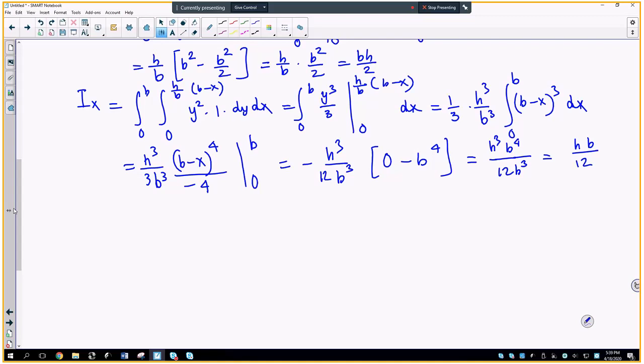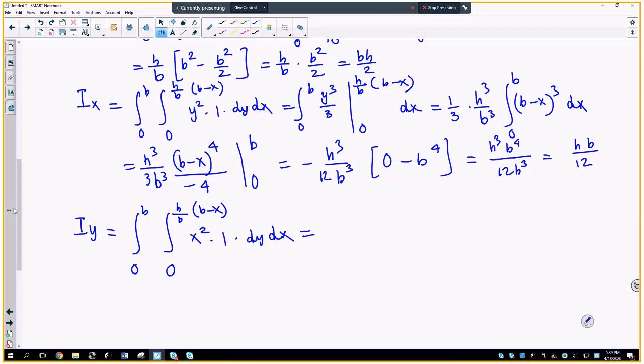What's next? We're going to find the moment of inertia with respect to the y-axis. So that will be the integration from 0 to b, 0 to h over b times b minus x. And this time you're integrating x squared times the density function 1 dy dx.